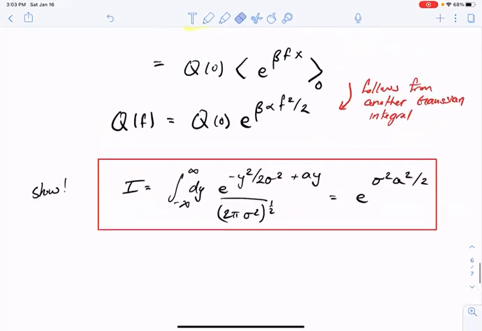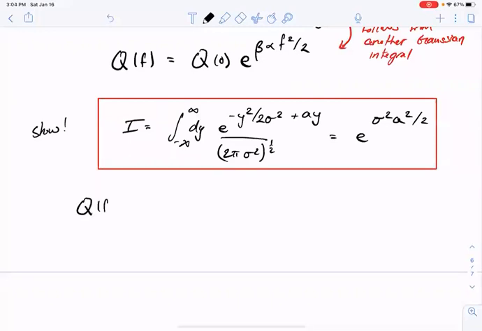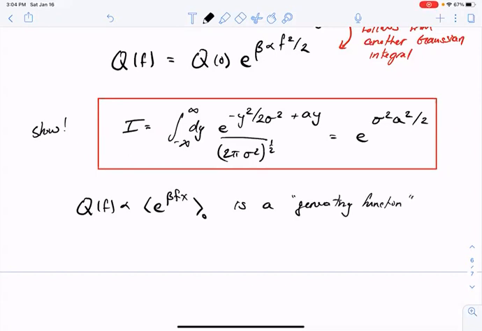Now, the structure of Q of F is interesting. As an average of this exponential of some number times the fluctuating variable x, it is what's known as a generating function. What we mean by that is that it generates properties of the statistical distribution of x by taking a derivative, in this case with respect to beta f, the coefficient in front of the fluctuating variable x.